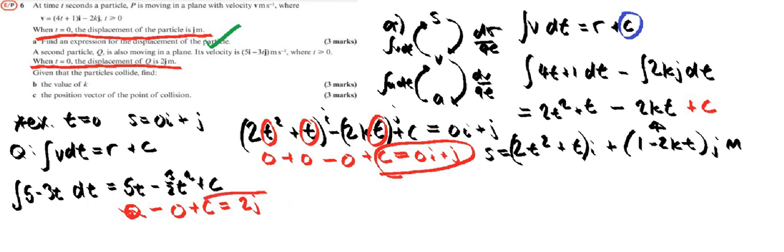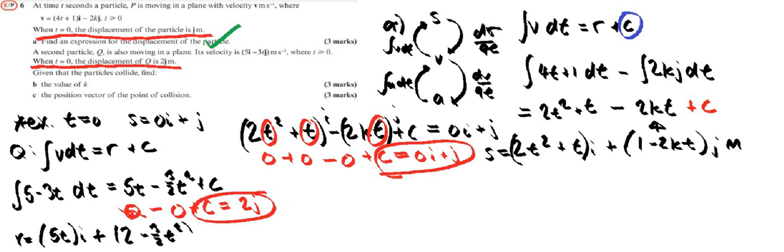So now I have my c value. Okay, so my displacement vector is 5t i plus my 2j from c, 2 minus 3 over 2 t squared j. So that's my displacement vector for Q.